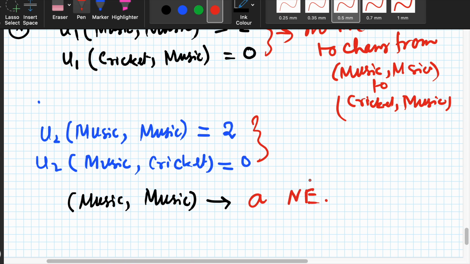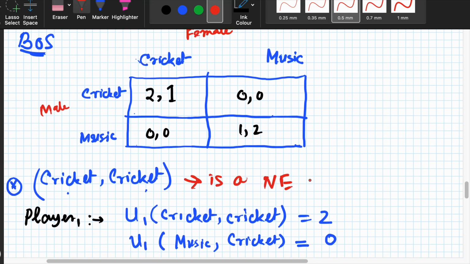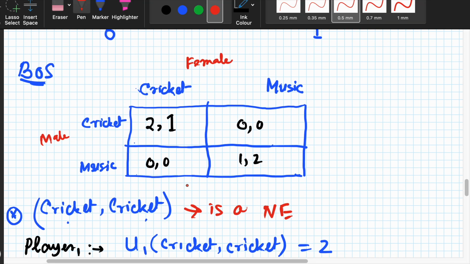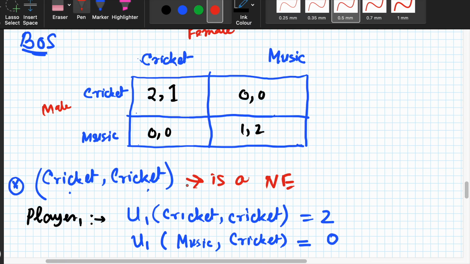Now we can see that in the battle of the sexes game, there are two Nash equilibria: one corresponds to both players going on a date to a cricket match, another corresponds to both going to a musical concert.